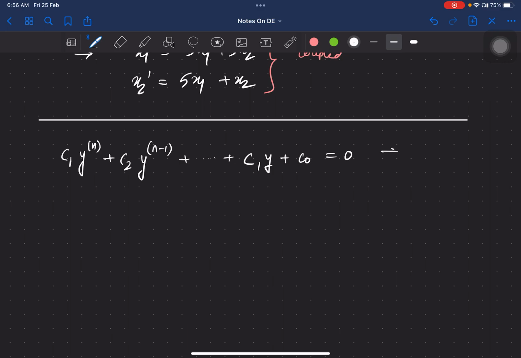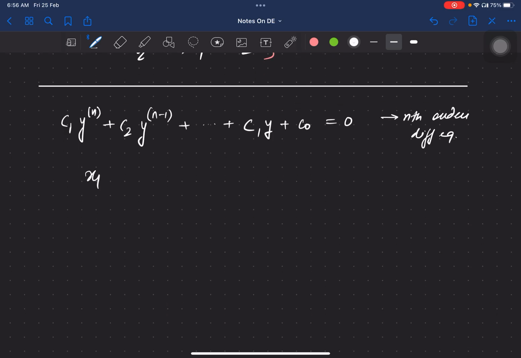Suppose we have this nth order homogeneous differential equation. Then let us see how we'll convert it into a system of first order differential equations.